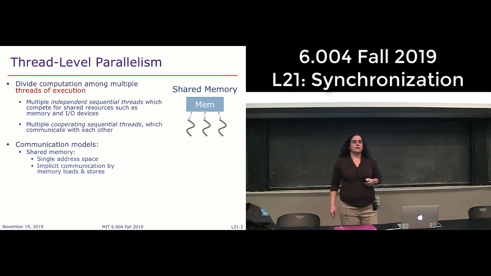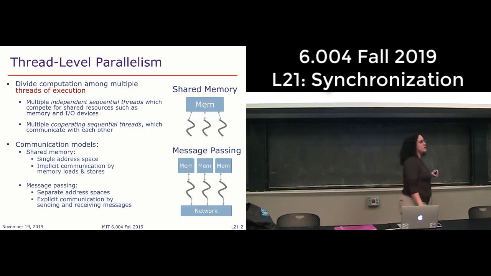An alternative to shared memory is what's called message passing communication. How does this work? It looks like this picture over here, where each one of these threads has its own memory, or its own address space. So there isn't this notion of a shared address space anymore.